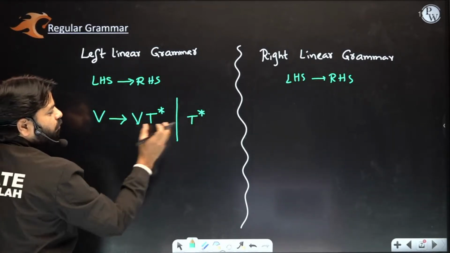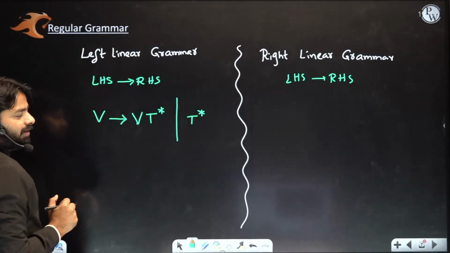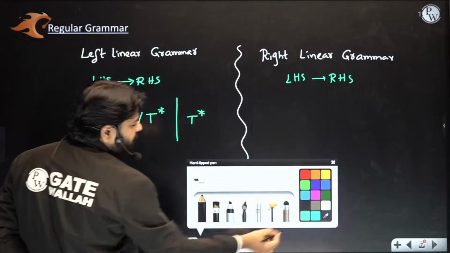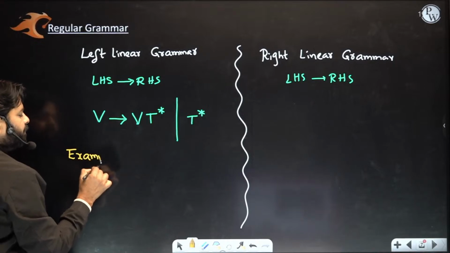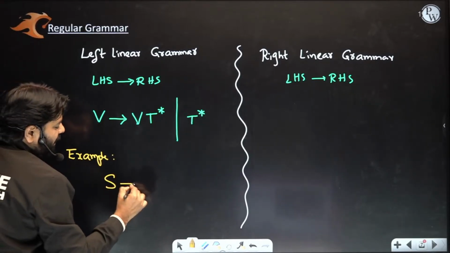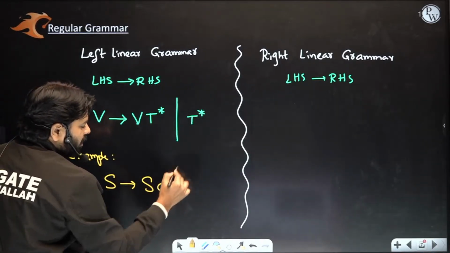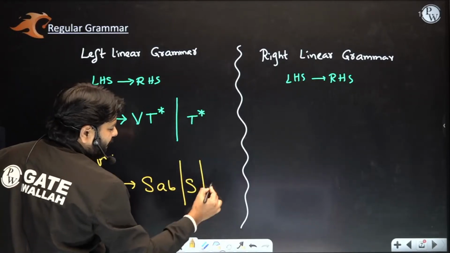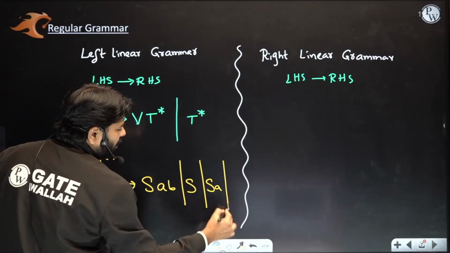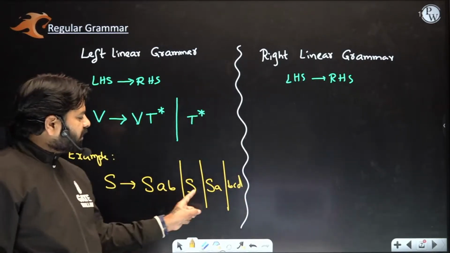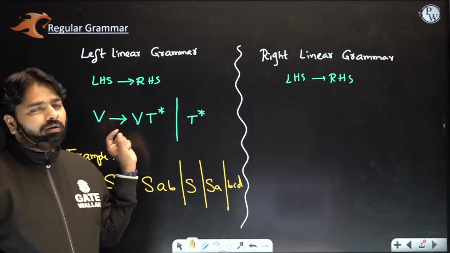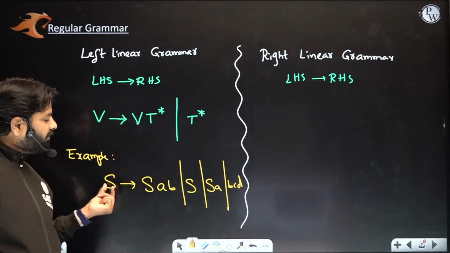Now we have two forms to represent left linear grammar. Let's look at an example. You may write S derives SAB, or S, or SA, or BCD, and all these productions are actually in these two forms only. The LHS is exactly one non-terminal.